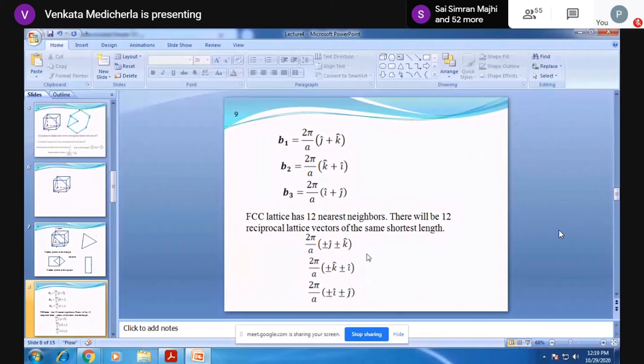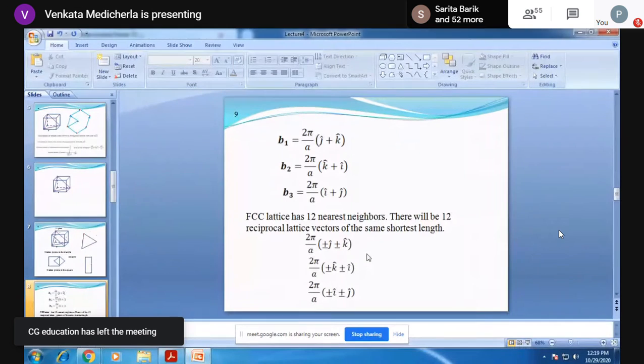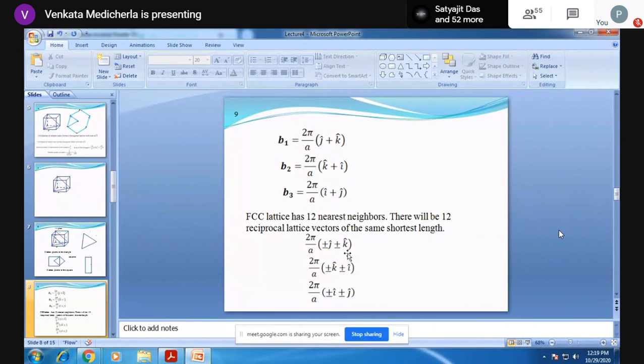If B1 is a primitive vector, in the opposite direction you always have a vector in the opposite direction, that is minus j minus k. Okay, 2π/a plus minus j plus minus k, plus minus k plus minus i, plus minus i plus minus j. This total will give 12 possibilities, because here plus minus j will give 4 vectors. Here 4, here 4. Total 12 vectors will come.